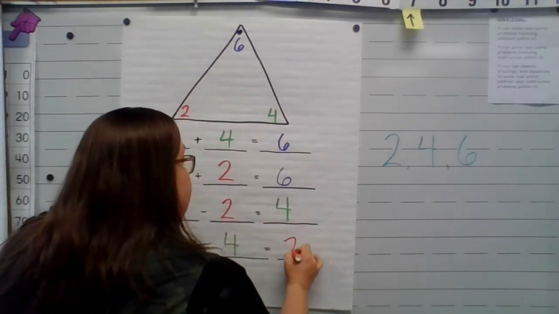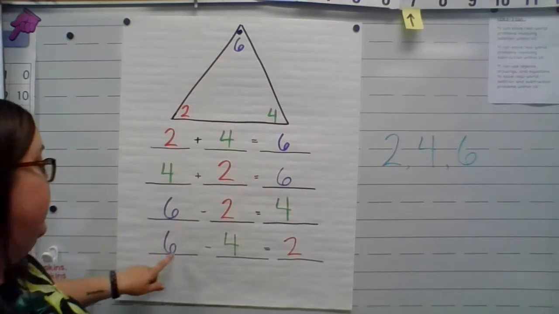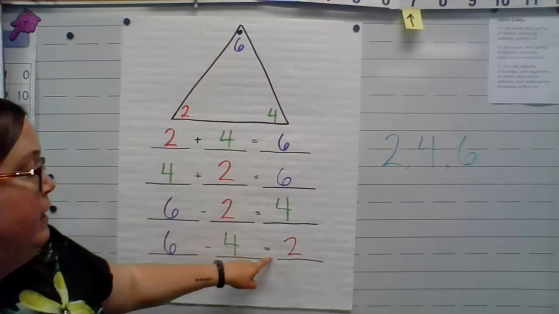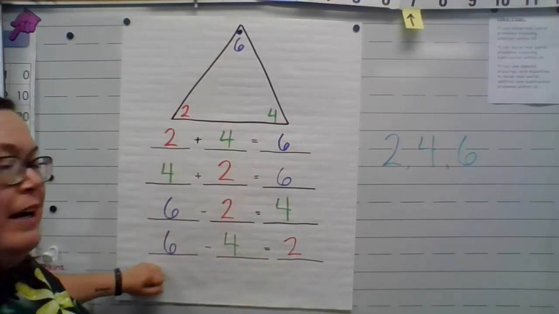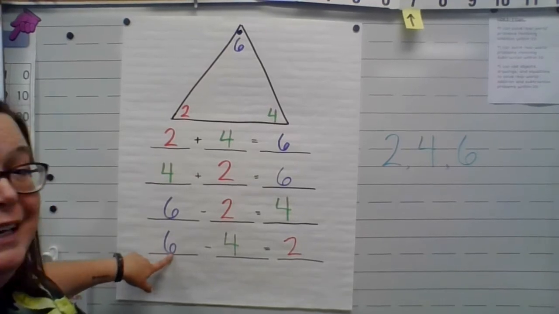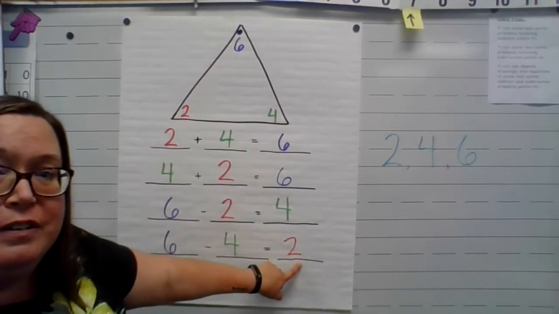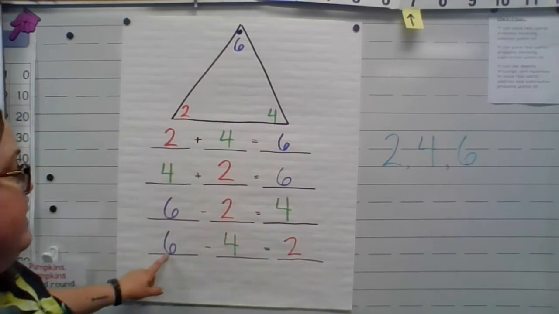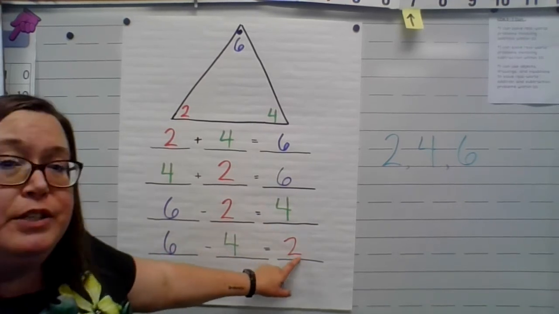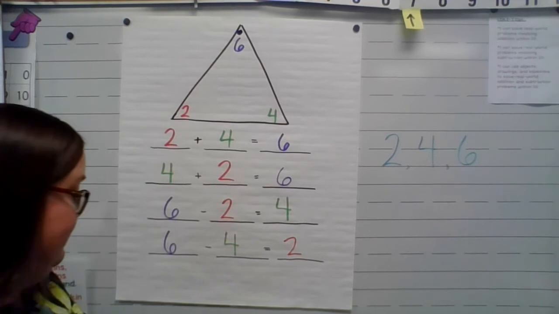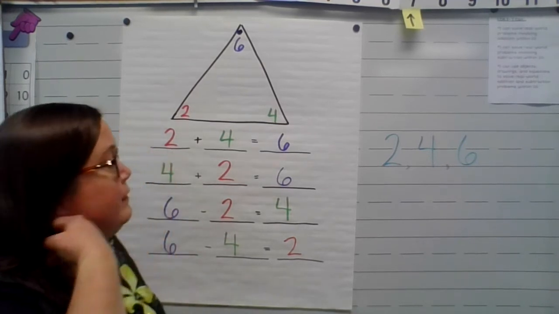That means that 6 minus 2 equals, or sorry, I said that wrong. Sorry, 6 minus 4 equals 2. Again, that means 6 minus 4 equals 2. We got it. Very good.